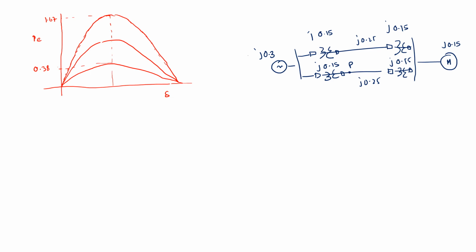I can always have the mechanical input line, which is this, the mechanical input. Now let us do some calculation. Let us draw a bigger picture so that we can understand what is happening, and I will perform the calculations also.